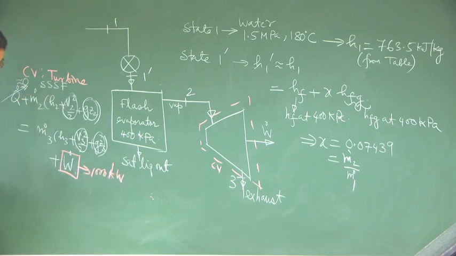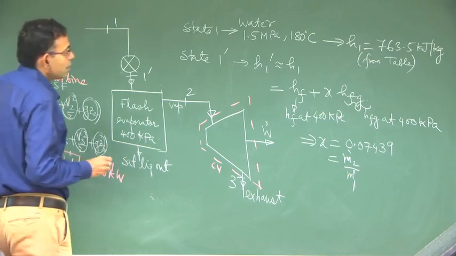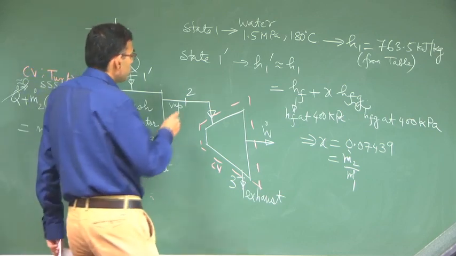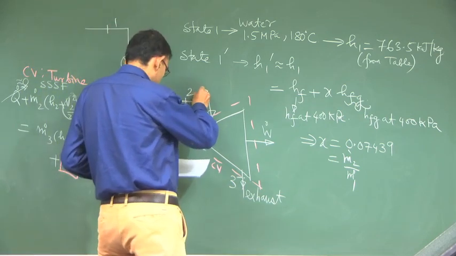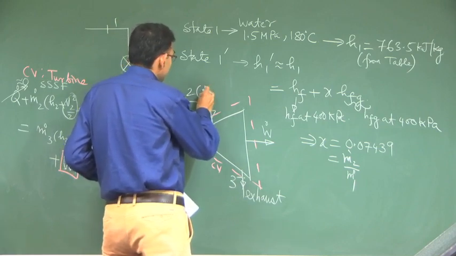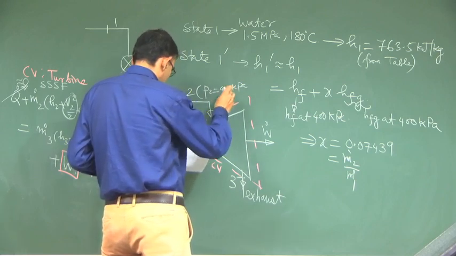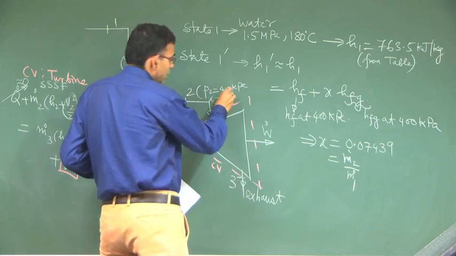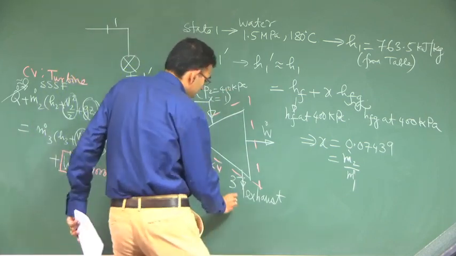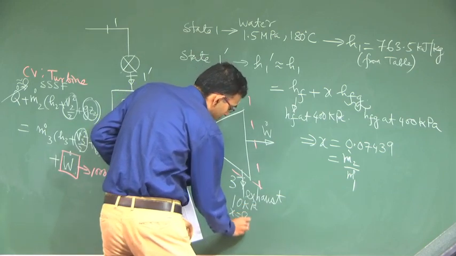So, from this equation, H2, you already know what H2 is. State 2 is given, state 2 is 400 kilopascal and quality equal to 100%, and state 3 is 10 kilopascal, quality equal to 90%.